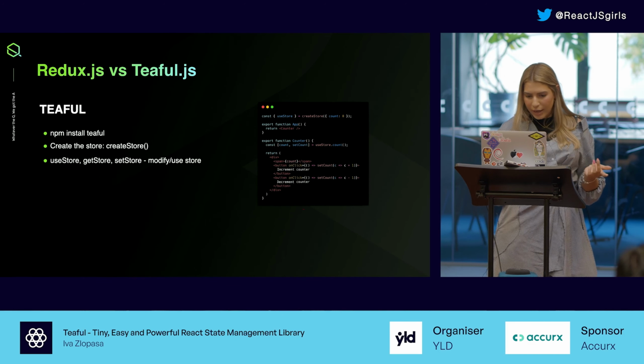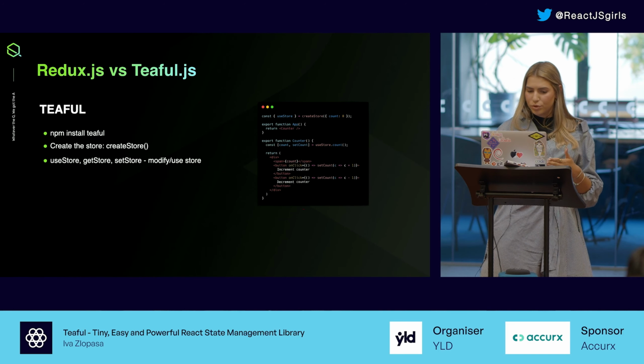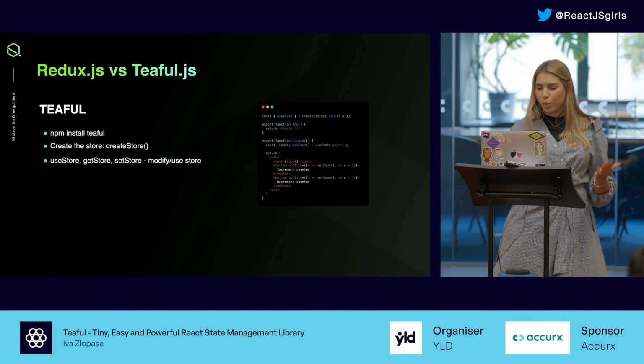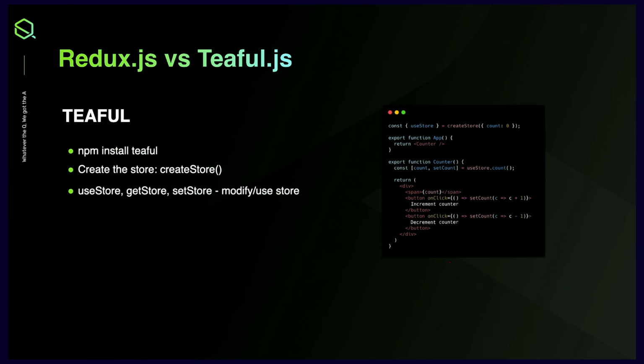And you only have to create the store, and then you can subscribe to the store and change whatever you want in the store. So there are no selectors, reducers, providers. It's very simple. Each store has to be created with the createStore function. This function returns all the methods that you can use to consume and update the store properties.